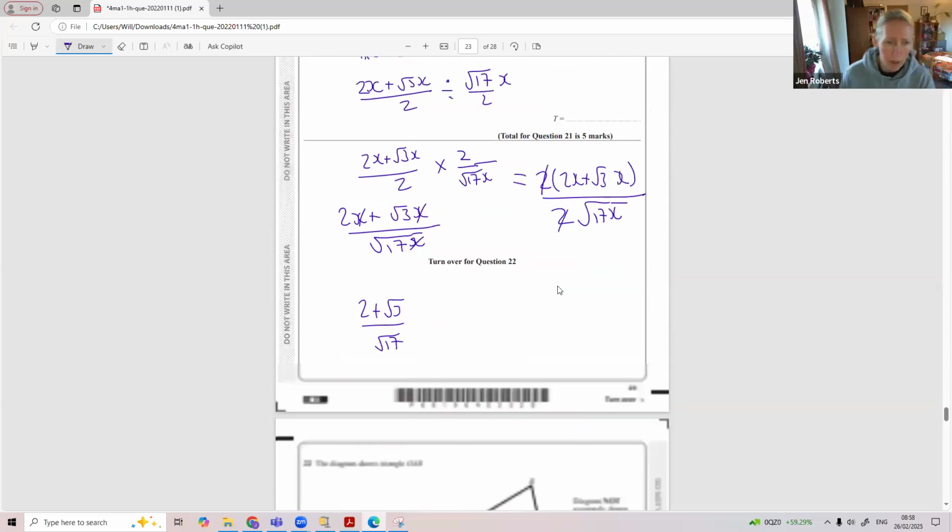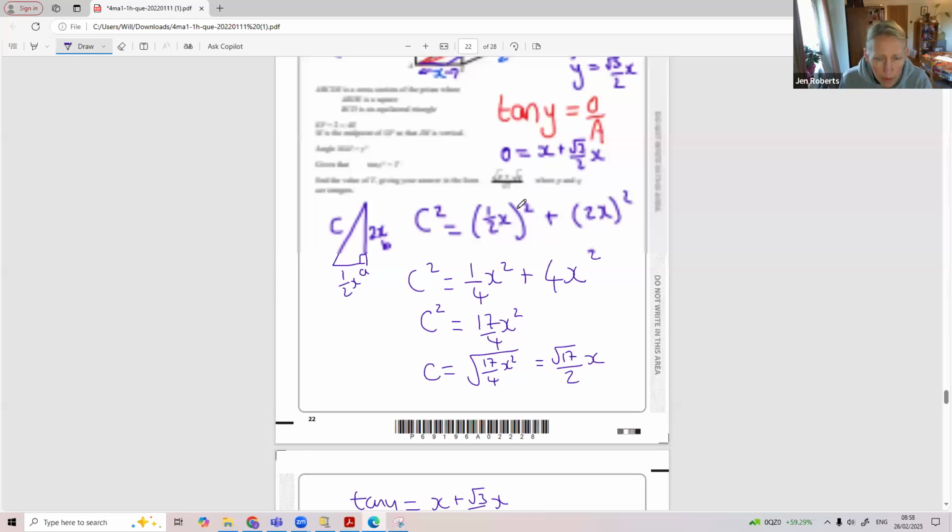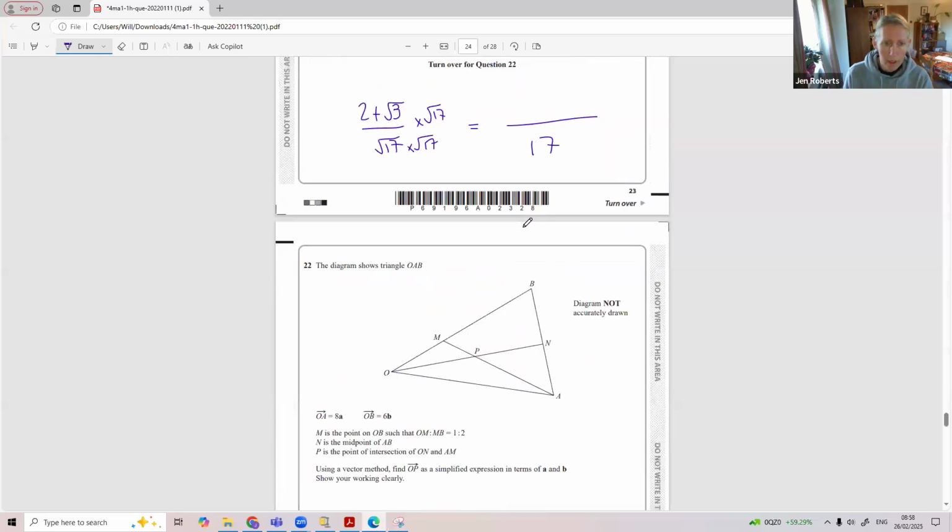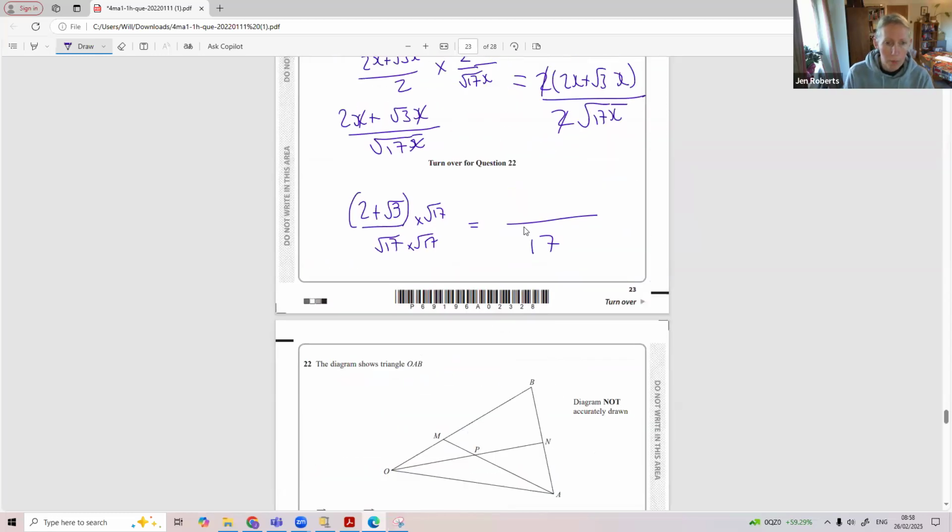So I'm going to multiply both the top and the bottom by root 17. Which gives you 17 on the bottom, so it's looking like this is correct. And on the top, 2 times root 17 is 2 root 17, and root 3 times root 17 is root 51.